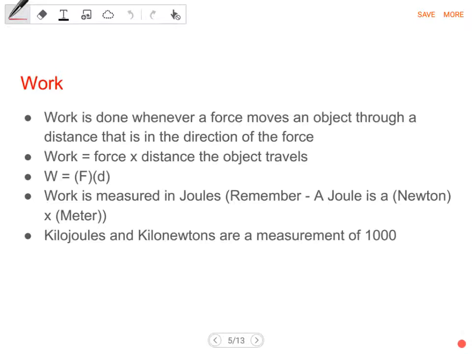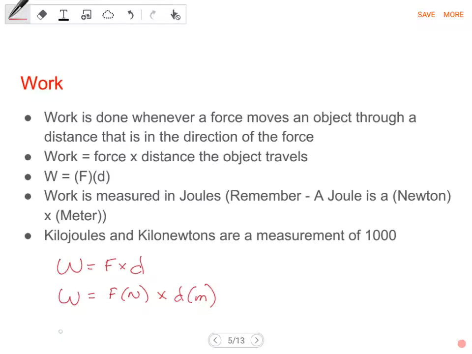Now, we learn about force, and then we get to move on to work. Work is done whenever a force moves an object through a distance. So the formula for work is very, very simple. Work equals force times distance. If I break this down even further, remember, force is measured in newtons, and distance will be measured in meters.